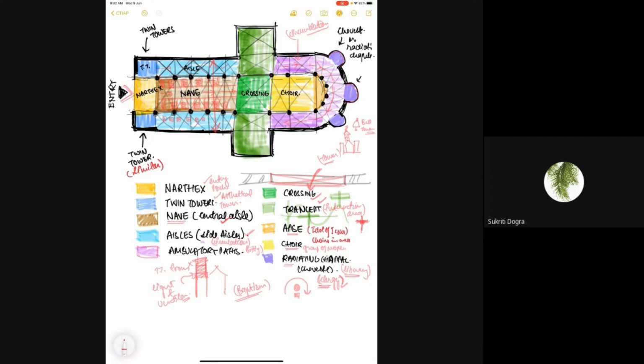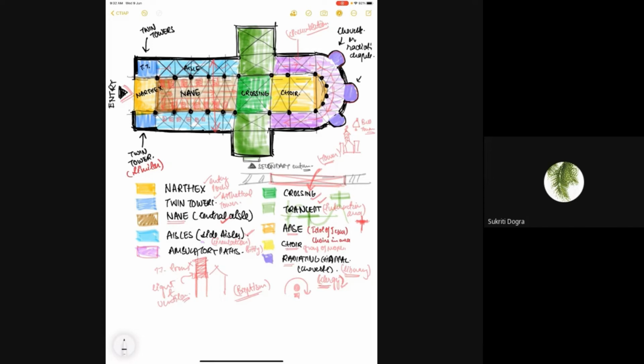There is one more thing. Your transept in the later stages started having a secondary entrance. This entrance was used by priests or fathers who were working inside the church.